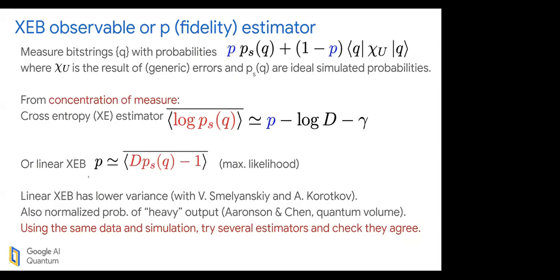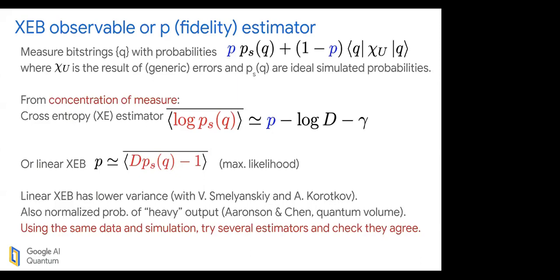We used also a different observable, which is the linear cross entropy. The difference is now we don't take the log, we just normalize by the dimension of Hilbert space, then minus 1. We call this linear cross entropy just because it follows sort of the same ideology. And it turns out that this observable, linear cross entropy, is the max likelihood estimator of the fidelity P if you assume that the noise is fully depolarizing.